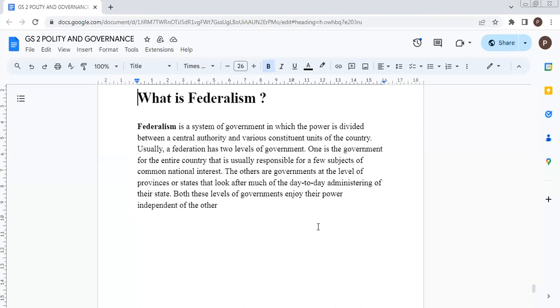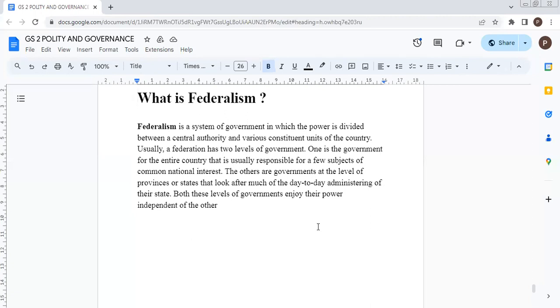Where there is an existence of two types of government, that is central government and the state governments. If we compare it with the other constitutions across the world, we see that in some countries they use different nomenclatures for the states. Some have cantonments, some use states, some use subsidiary territories.